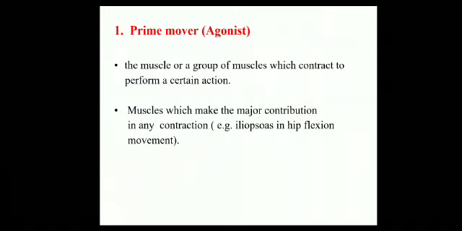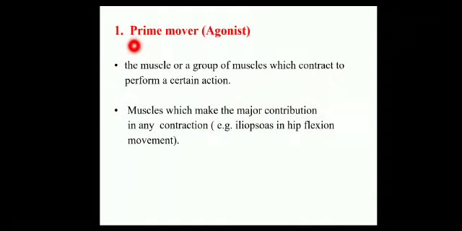So first of all, what are prime movers or agonists? The muscle or a group of muscles which contract to perform a certain action. Muscles which make the major contribution in any contraction. For example, iliopsoas in hip flexion movement. So the prime movers are basically the muscles which initiate and maintain a primary movement.